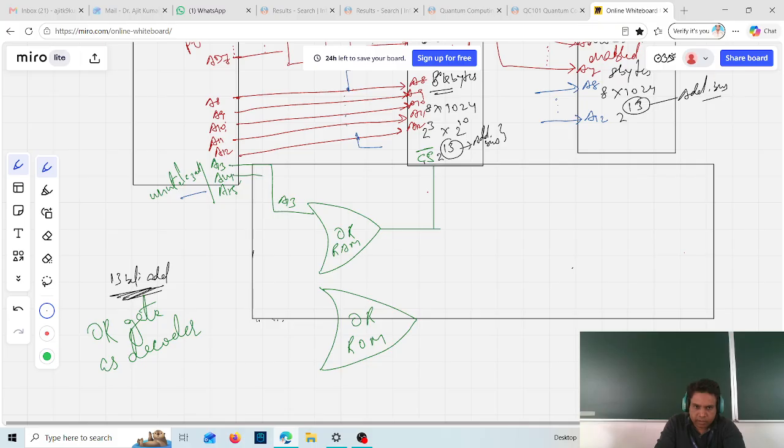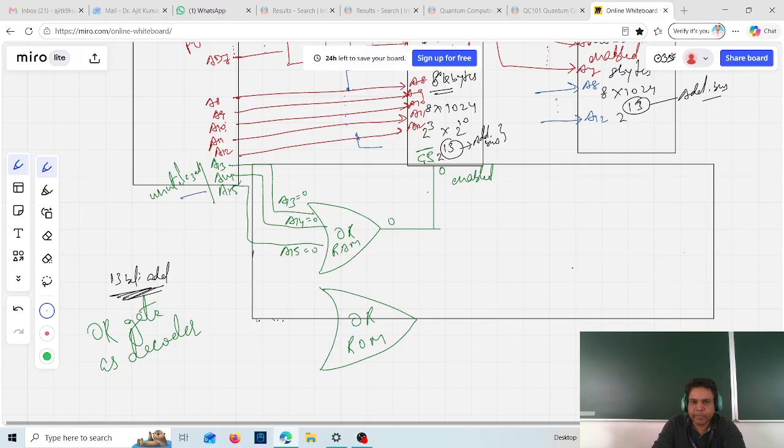This A14 you connect as input to this OR gate. This A15 you connect as input to this OR gate. Now, if all these inputs are 0, 0, then you know the output of the OR gate will be 0. So at that time, this 0 will be enabling this RAM. Okay, so this will be enabled.